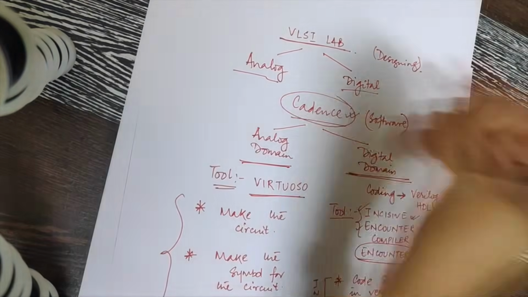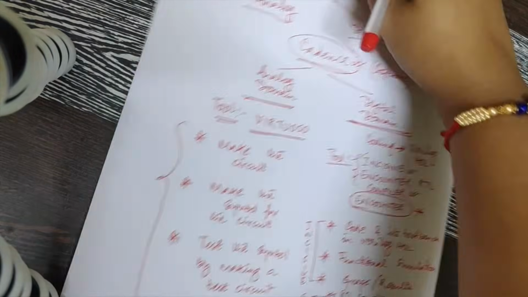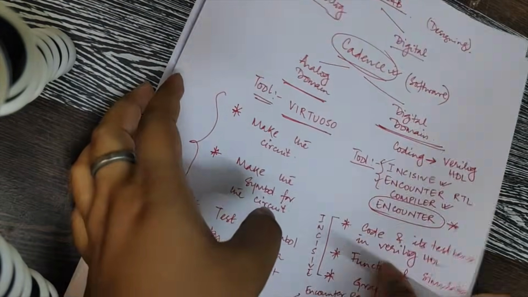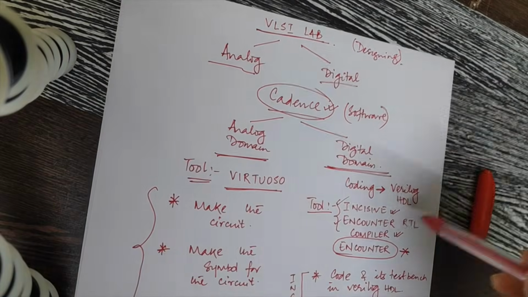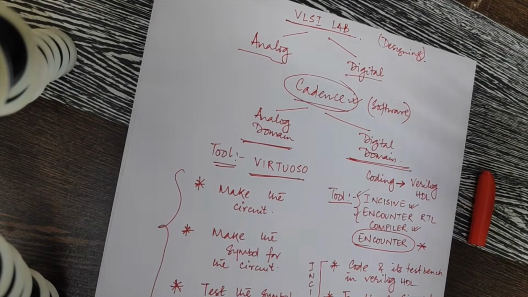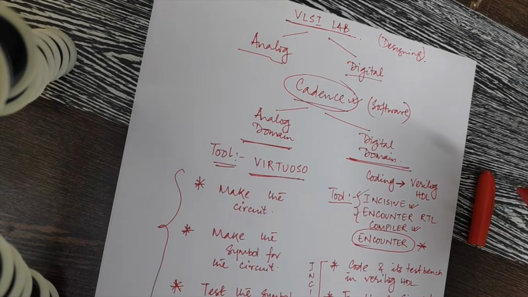So now, why Cadence? Why didn't we go for any other tool apart from this? As we have already covered in HDL lab, we have used ISE, isn't it? We used ISE. There also we did our coding. There also we wrote our test bench, and we got the graphs also.